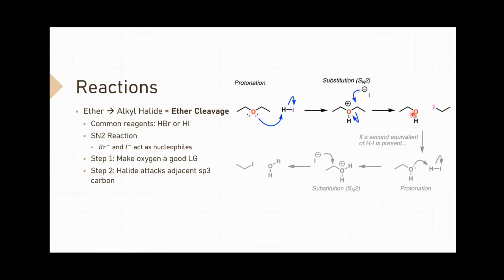And then if we have excess reagent, it's going to do it again. So it's going to do the same process where it gets protonated and then another SN2 attack. So for this molecule in particular, you're going to end up with two moles of this ethyl iodide.